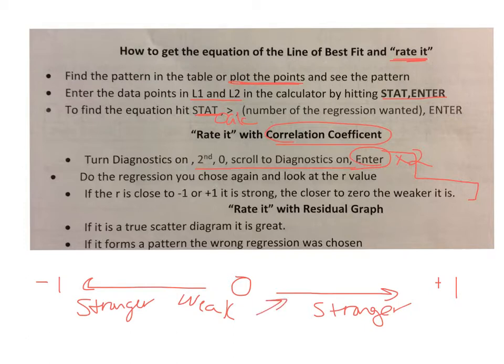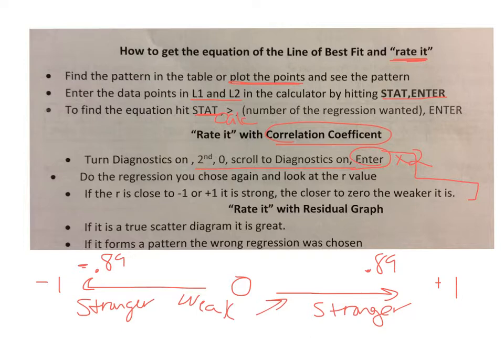Alright, think about that. If you're not sure about your decimals, you say, okay, is that closer to 1 or is that closer to 0? That's what you want to think about. So if it's 0.89 or negative 0.89, and remember they're one and the same, just having the negative tells us what kind of slope it has, is that closer to 1 or closer to 0?